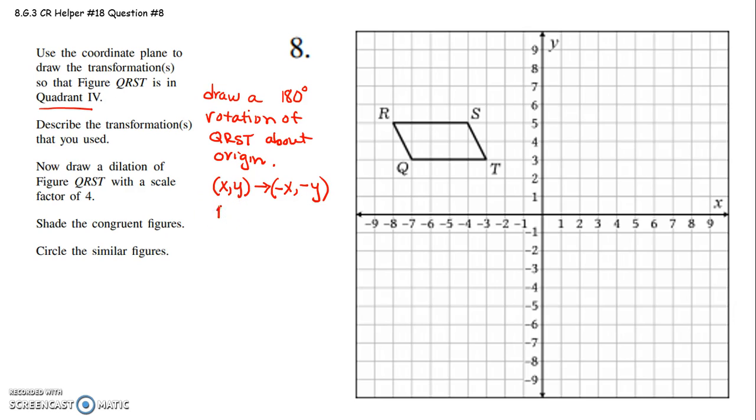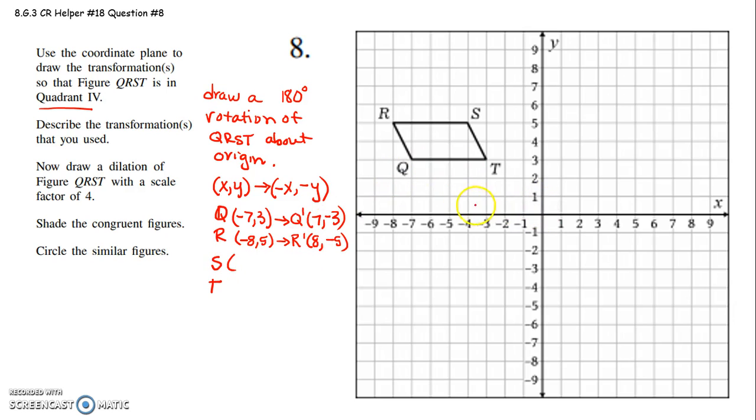So I'm just going to list out QRST. Q is -7, 3. So Q prime would become 7, -3. R is -8, 5. So R prime would become 8, -5.